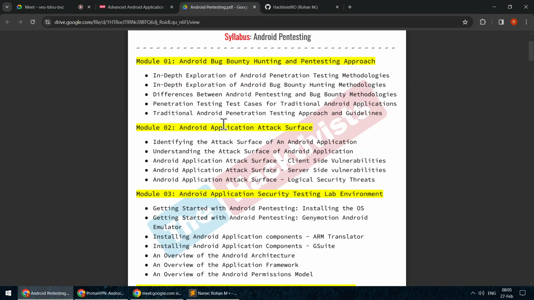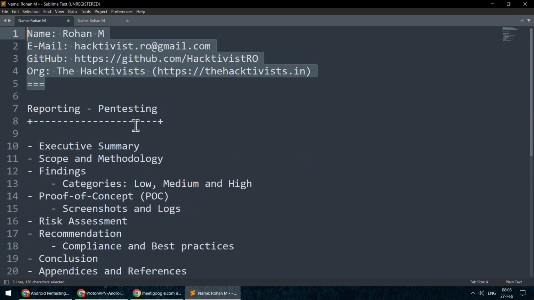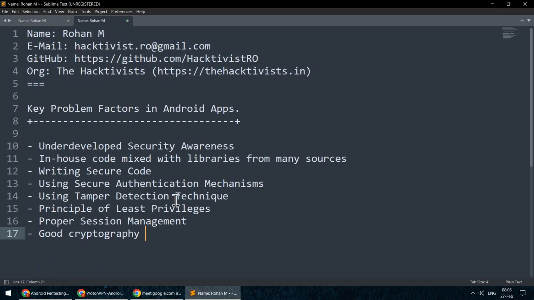So let's quickly get started with today's discussion on some of the things that you should be knowing. Let's first get started with key problems in Android applications. Because it's theory, I have majorly noted down all of the topics that you should know.